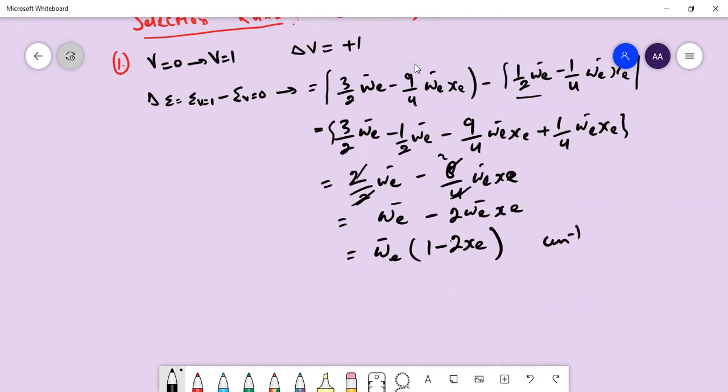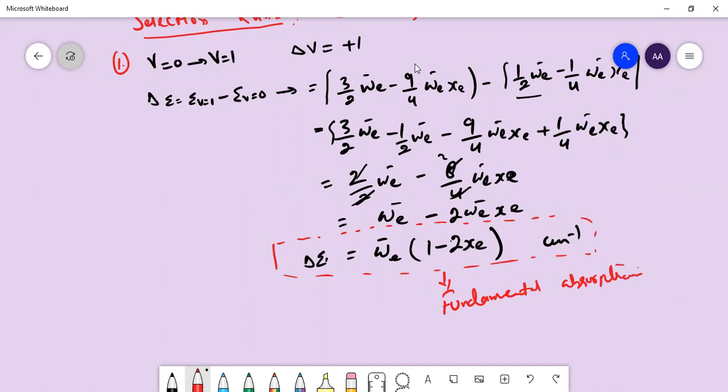So the first equation in which our energy, that is E(v) minus delta E(v), is equal to omega_e bar into 1 minus 2x_e, is known as our fundamental frequency or fundamental absorption.